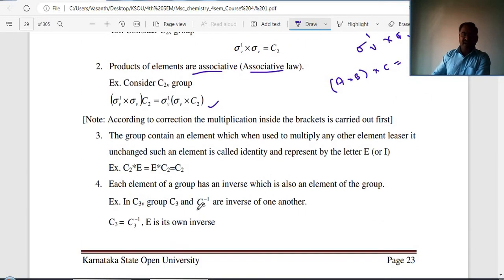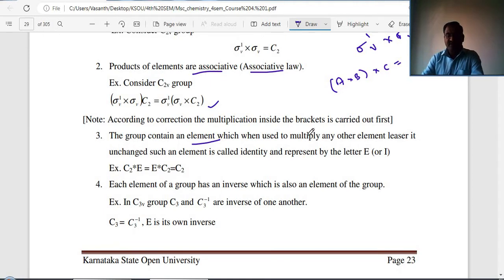The group contains an element which, multiplied by another element, leaves it unchanged. Such an element is called identity and is represented by the letter E or capital I. Here C2 into E is equal to E into C2 is equal to C2.